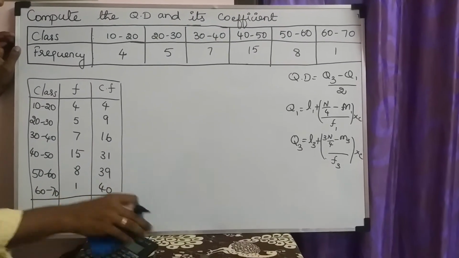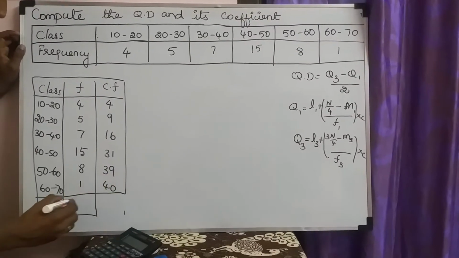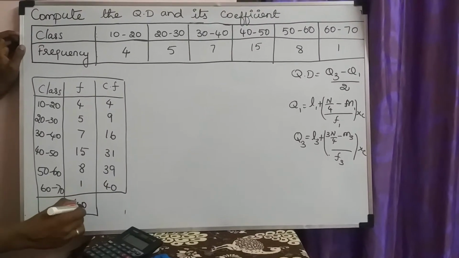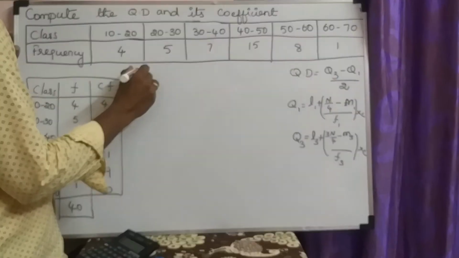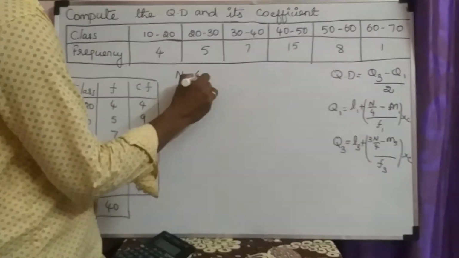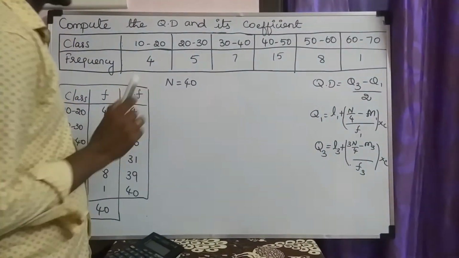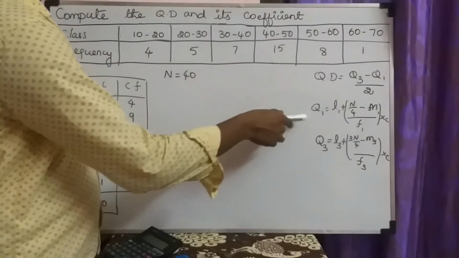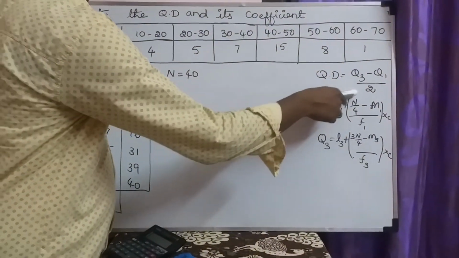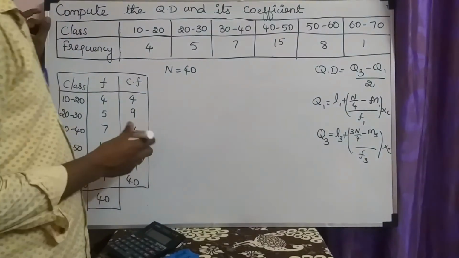Now the sum of the frequencies, N value, is 40. Here N equals 40. This is the sum of the frequency, and now we find Q1 and Q3. If you want Q1, first we have to calculate N by 4.